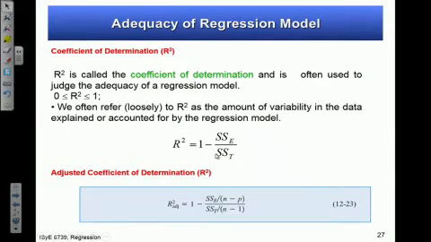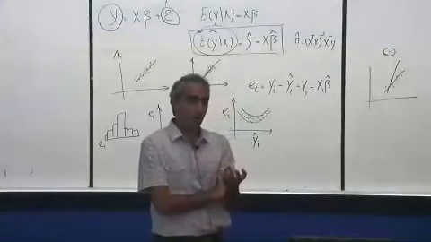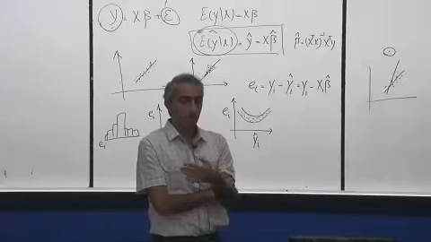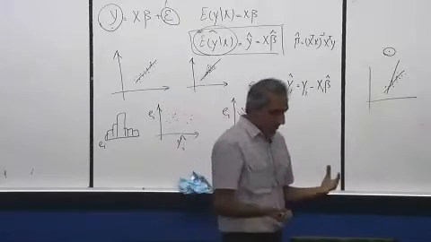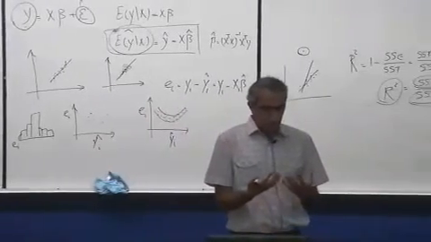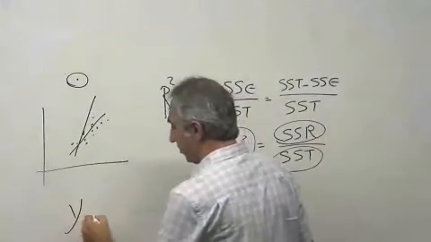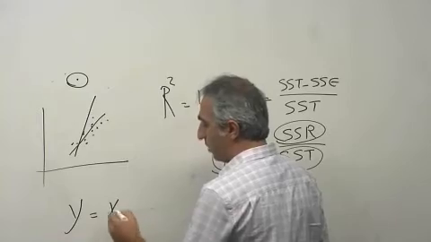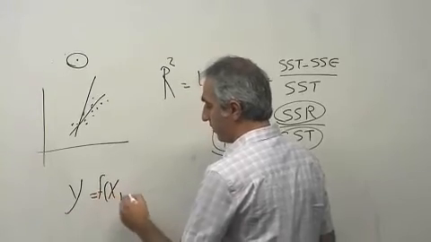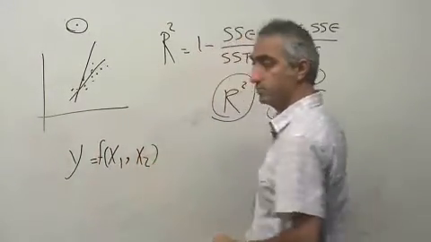Exactly. If we add more variables or more predictors, then we get more R squared. So what does it mean? It means that, let's say y only depends on x1, is a function of x1 and x2.